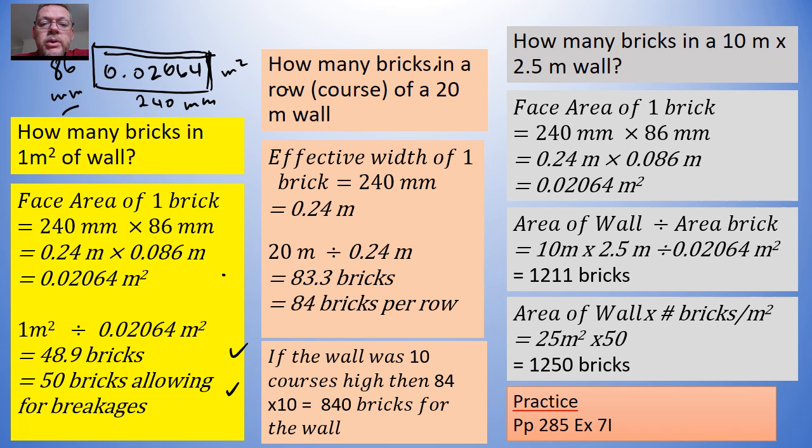Now, sometimes we want to consider the number of rows or courses of bricks in a wall. If we have a look at a house, our house was like 20 meters long.